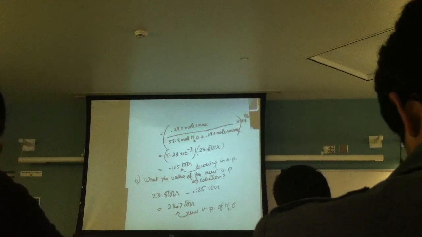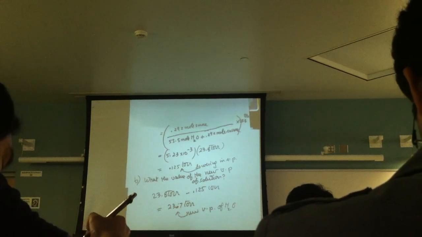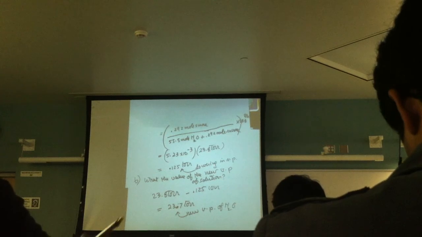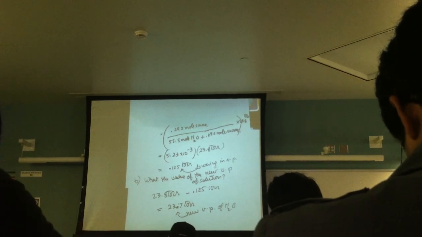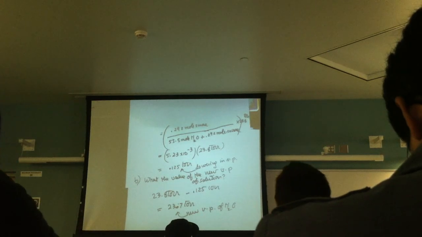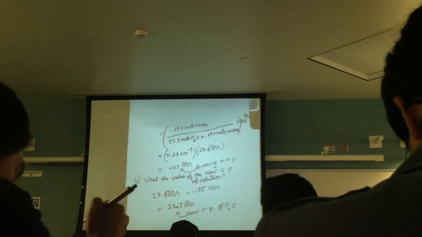How many colligative properties are we going to discuss? Four of them. We are done with one: vapor pressure. What will happen to the vapor pressure if I put sugar? It will be lower. Remember that. The second colligative property is coming up.